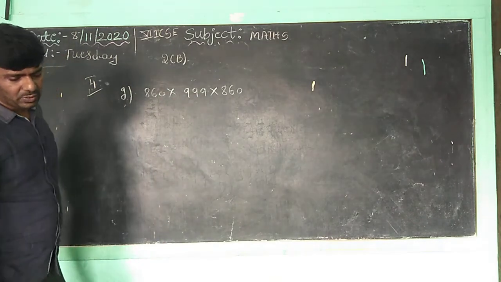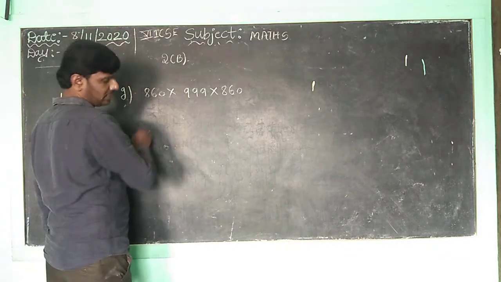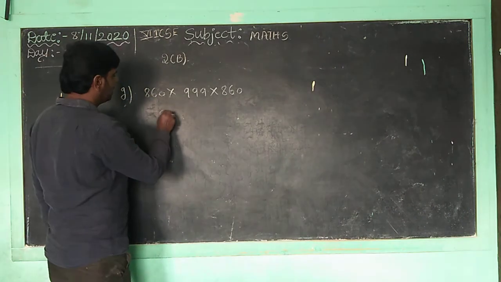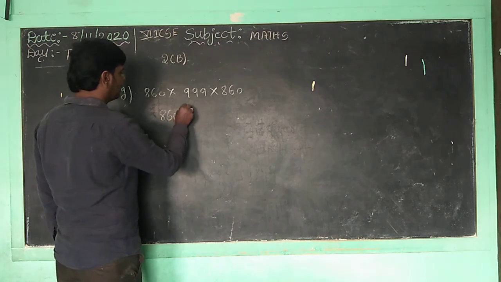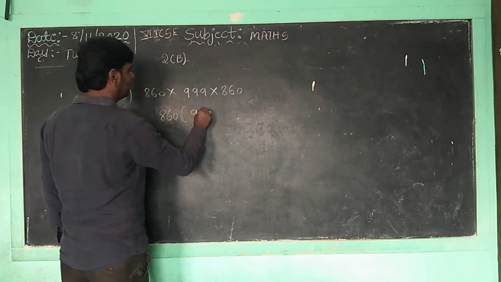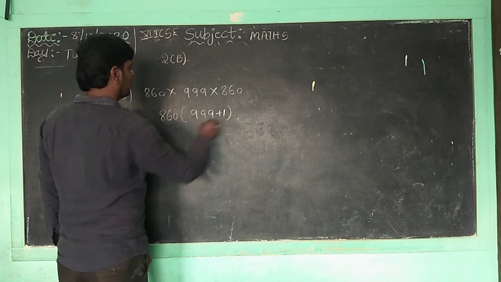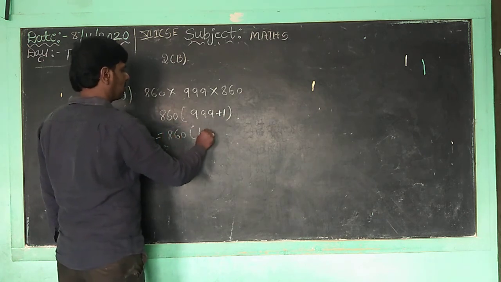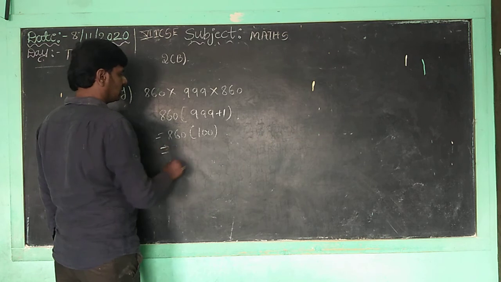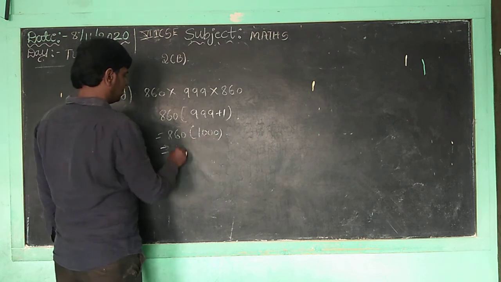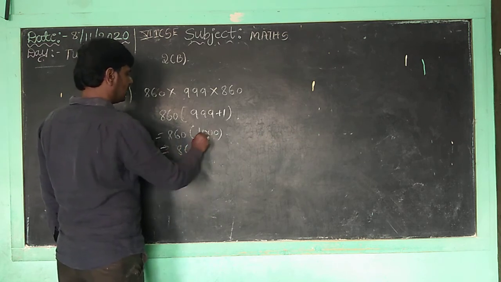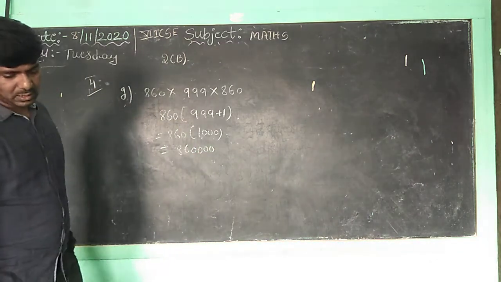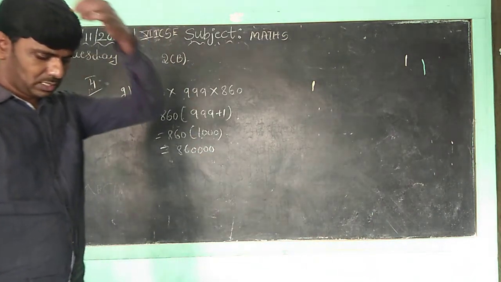You want to take 860 common into (999 plus 1). You want to add this one, 860 into 1000. Correct, children. This is also over, children.